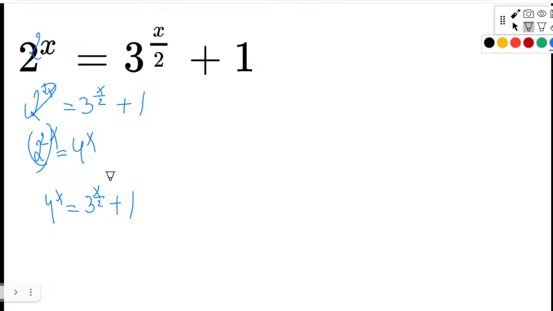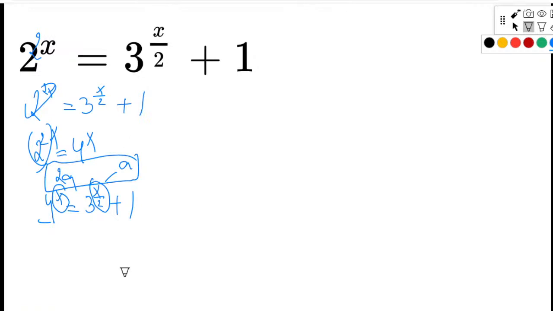And later we will solve it in a different way. We will write that x over 2 would be a, and then x would be 2a.